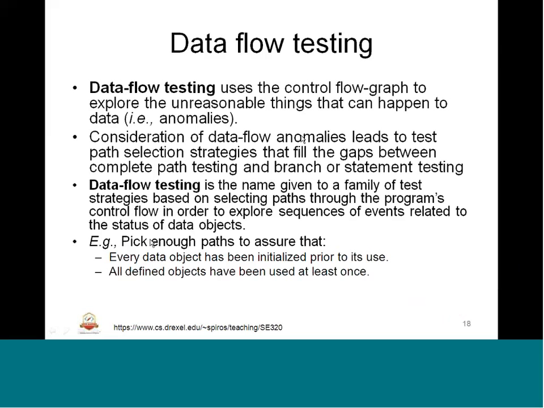The next one is also very important. Whatever data or objects are defined should be used. We cannot have data that is dead. It's called a dead object, which is not used.